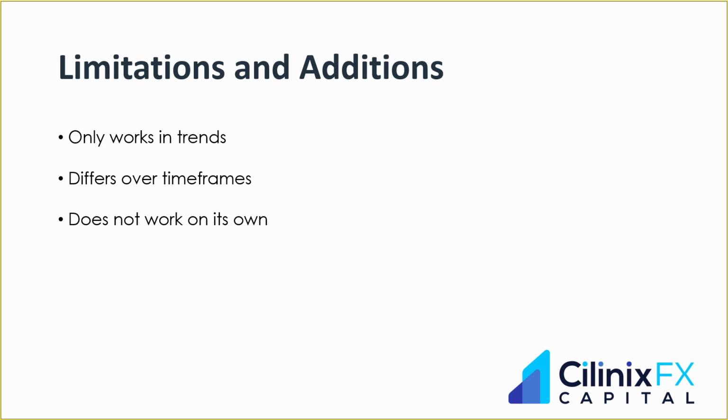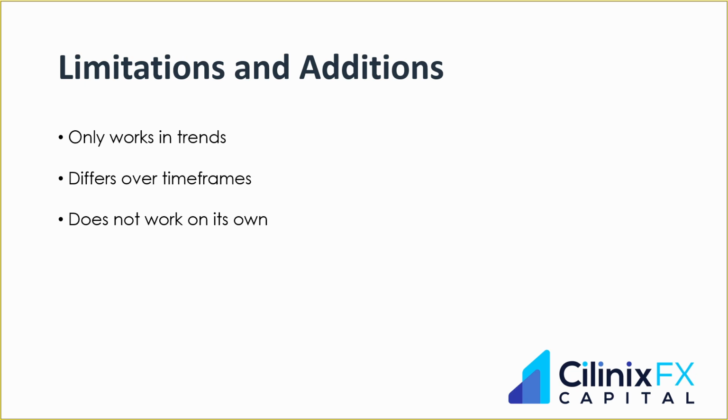You can put some moving averages on a chart, and you will see that in a ranging chart the moving averages will just be in the middle, because the average will be in the middle of a range. So when the moving averages don't really tell a story, the MACD won't do the same either. So you should be cautious of that, and you should know whether a pair or a market is trending or not.